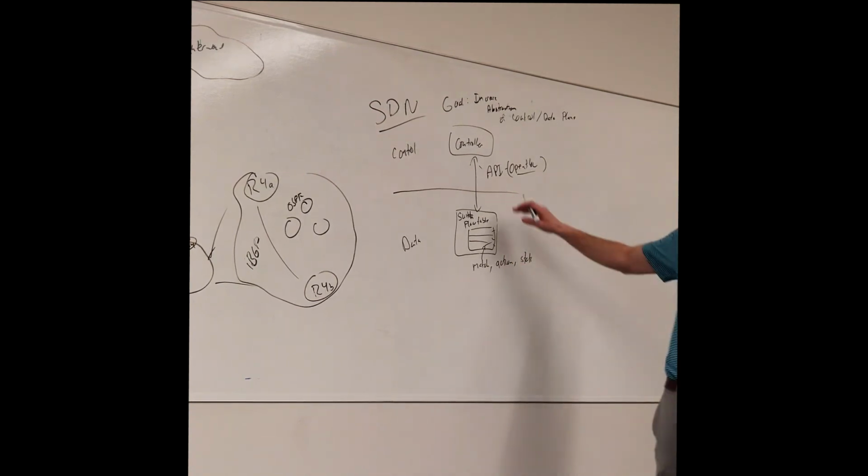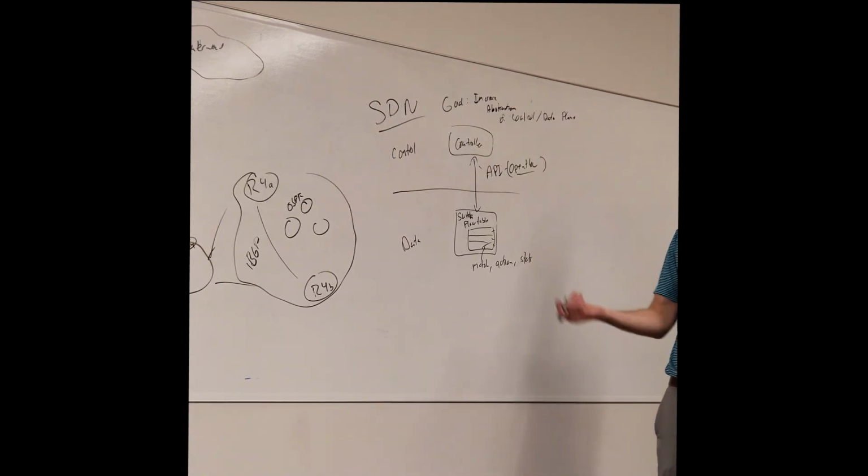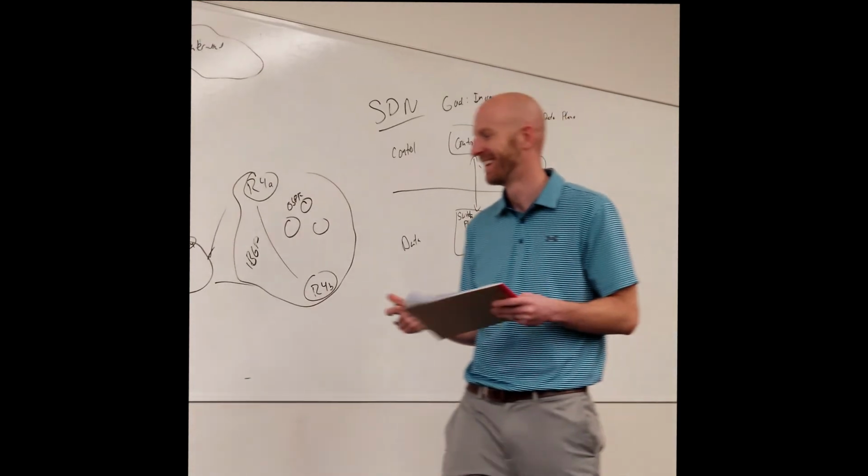And we're just abstracting our ability to do control however we prefer. Any questions? So I think that's everything. That's pretty easy, right?